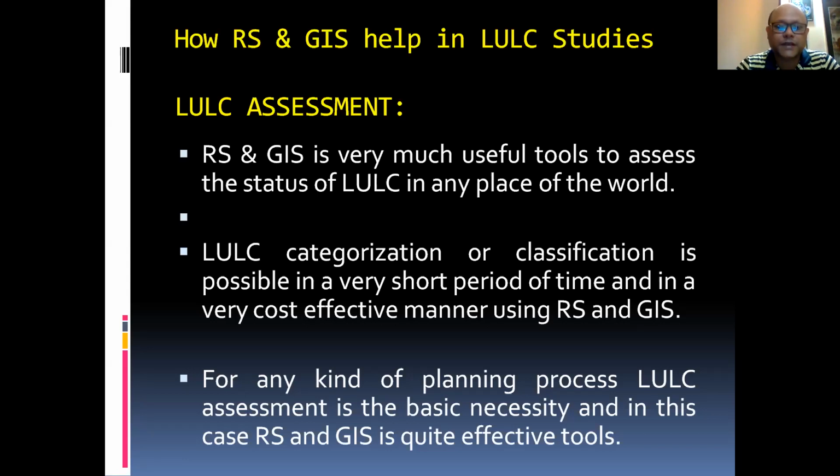So different categories are there. If you do this classification manually, it will take lots of time. So remote sensing and GIS can help us to classify or categorize the different categories of land in a very short period of time in a very cost effective manner, because most satellite imagery we can get free of cost.